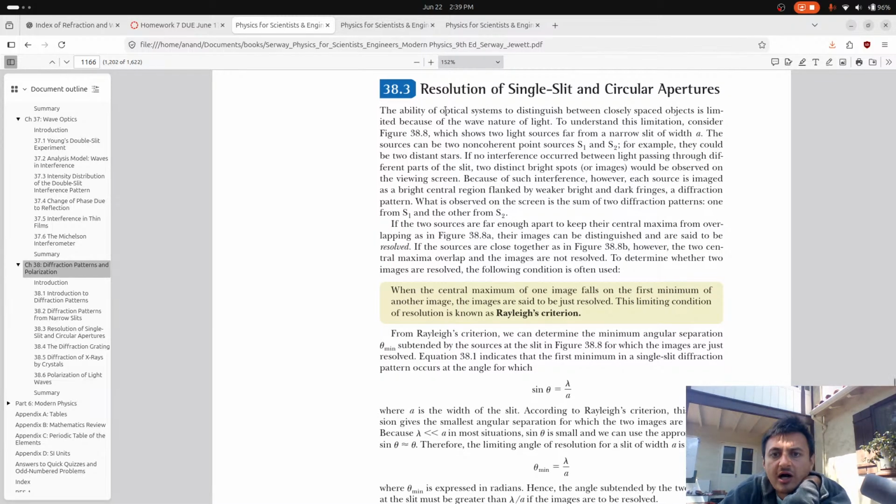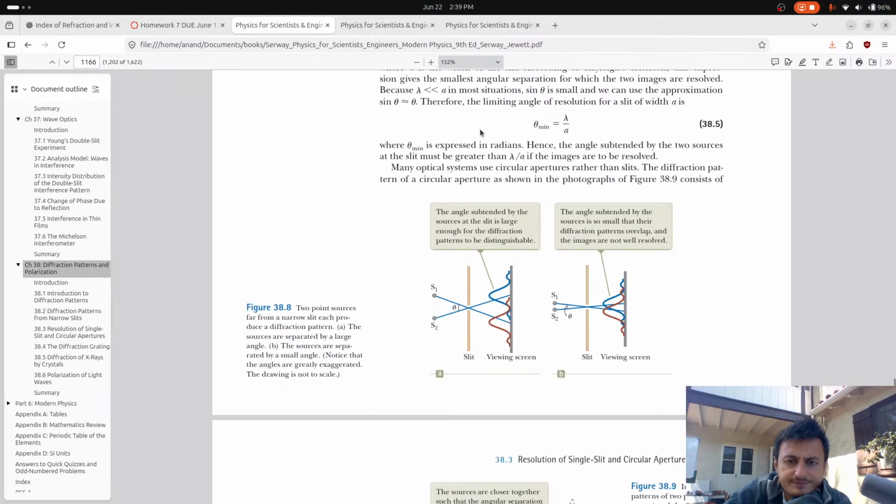The ability of optical systems to distinguish between closely spaced objects is limited because of the wave nature of light. To understand this limitation, consider figure 38.8.